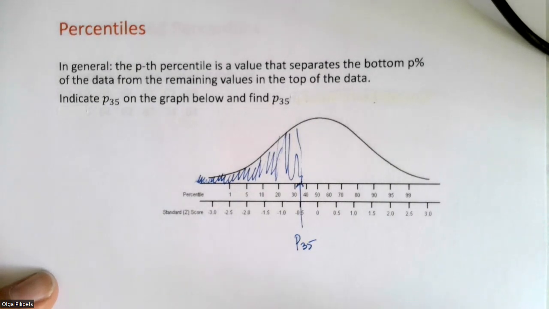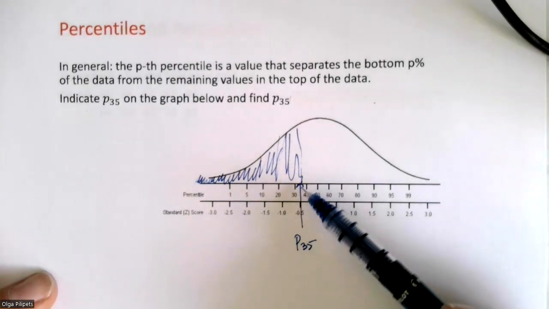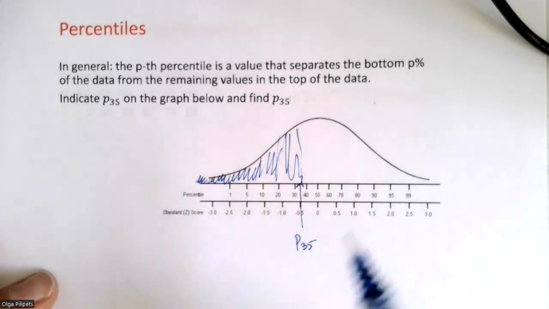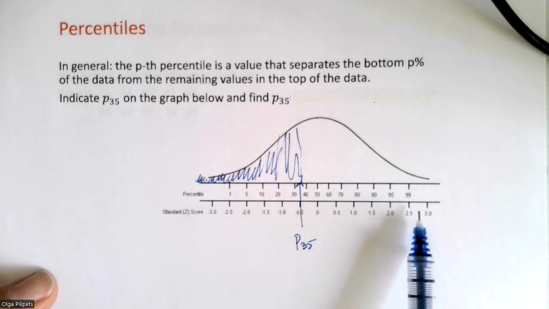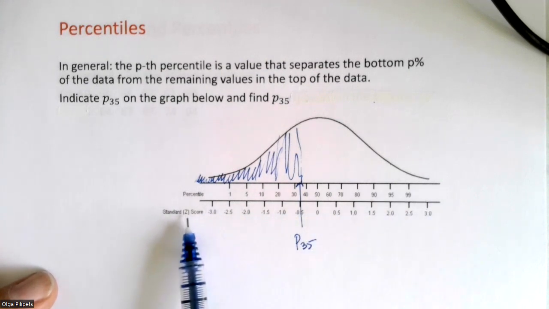Okay, we don't actually have data that we can look at, so we don't know what that value is going to be, but we can find the location. Look at how your percentiles are actually tied in with z-scores.